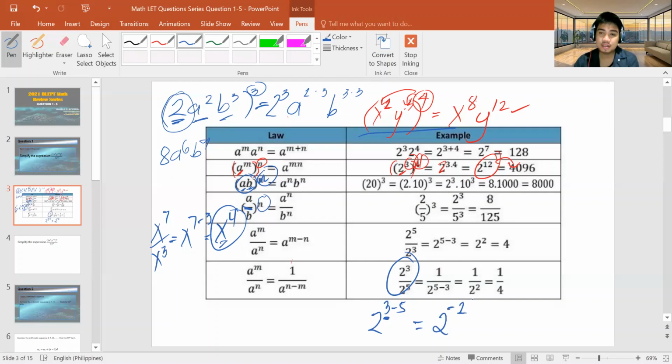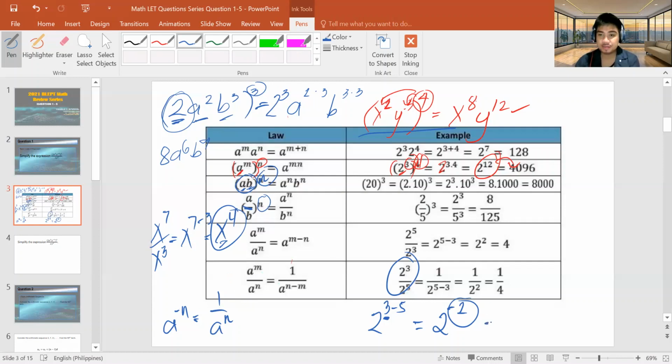And since negative exponent to, ang rule natin for negative exponent is that a raised to negative n will be equal to 1 over a to the n. So actually, kukunin lang natin yung reciprocal ng exponential number na yun para maalis yung negative exponent.